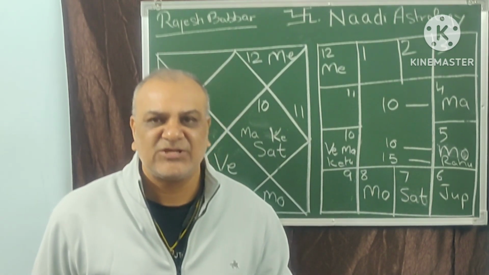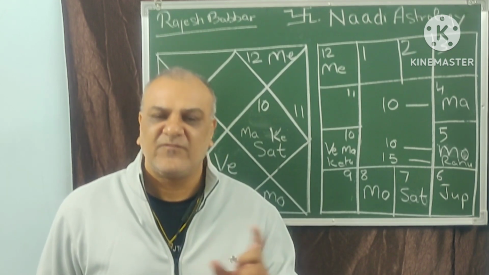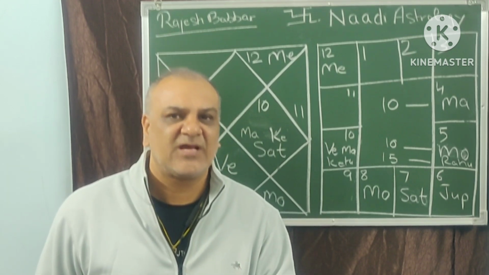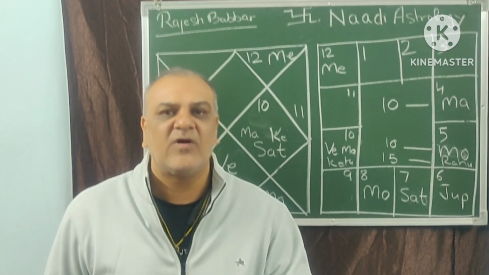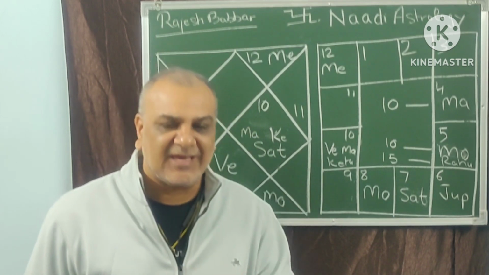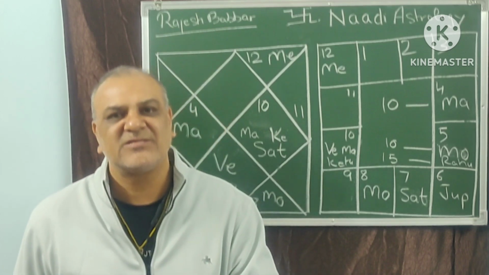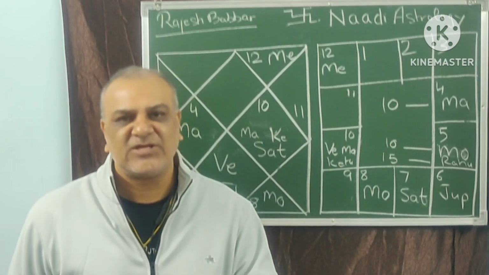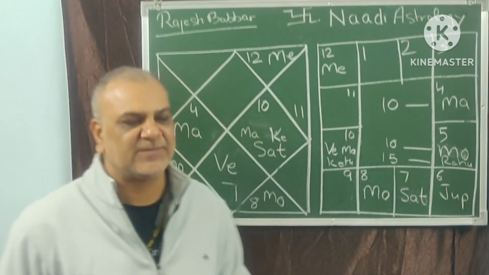And if there is Rashi Parivartana between Venus and Mars, after marriage the flow of money is quite fast. The person will gain after marriage because Venus is the wife, Mars is the husband. So when there is a Rashi Parivartana, definitely that person will rise after marriage.